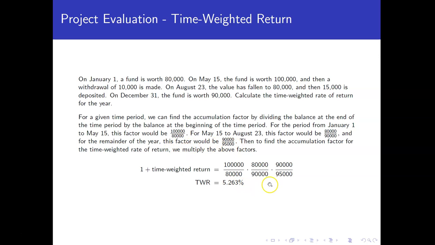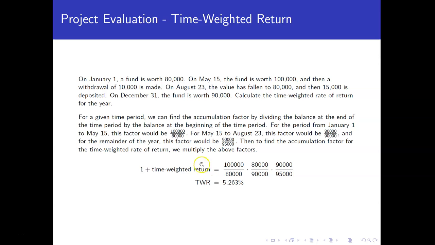All right, so then to get the overall accumulation factor, we'll take the first accumulation factor times the second one, times the third one. Not unlike problems that we've done before when we've had changing interest rates from one time period to the next, we just multiply accumulation factors across to get the overall effect. So we'll take the three accumulation factors and multiply them together.